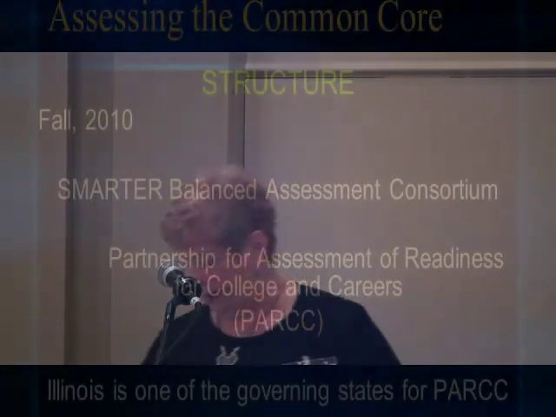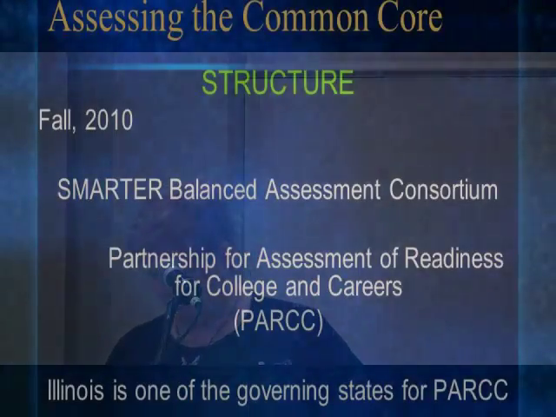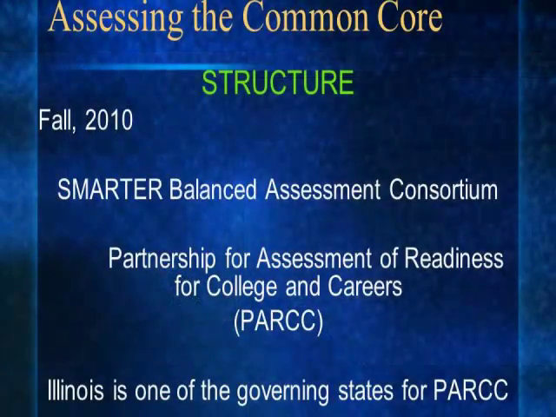Okay, so now assessing the Common Core, and we're going to come to structure. This began in the fall of 2010, and the federal government did get involved at this point because they had monies available through Race to the Top for states that would cooperate in consortia around a common set of K-12 standards.